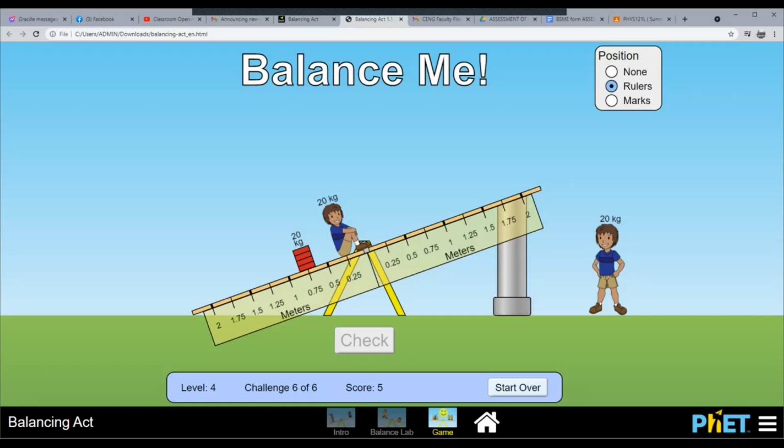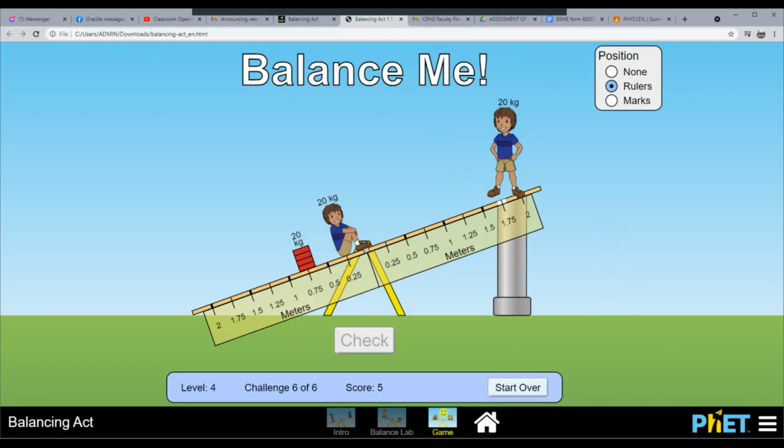Where do we put the 20 kilogram? Where do we put the 30 kilogram? 20 kilogram here. How many meters from the fulcrum?